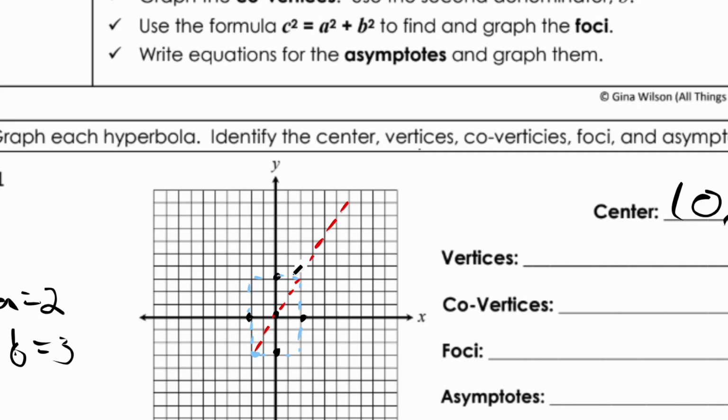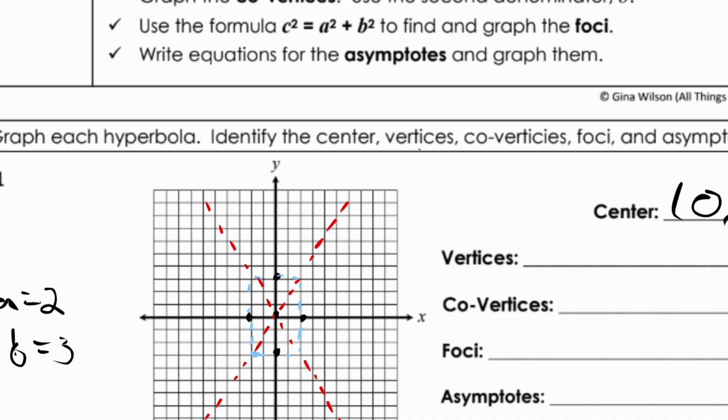Something that looks like this. It's easier with a straight edge. Something that looks like that. And also in this direction. Okay. Something that looks like that.